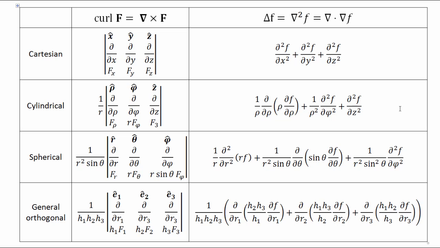These expressions are in the back of the textbook, not the general one, but you're probably not going to be needing it. But these can be useful on some occasions when you need to calculate the curl or the gradient or the divergence in curvilinear coordinates. You don't have to memorize any of these, but you should understand how they come about.